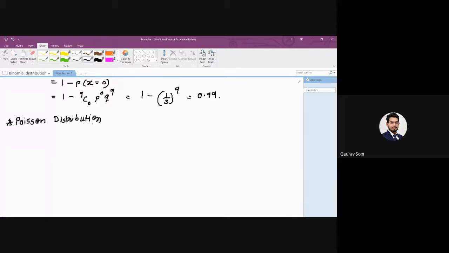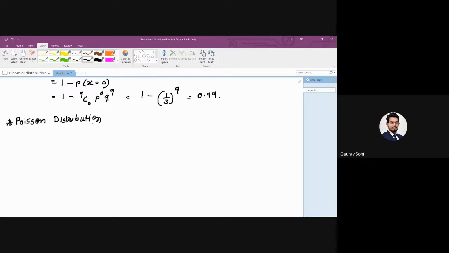But what makes this distribution different from the binomial distribution? Both of them are almost the same. Even in Poisson we have success and failure. But the major difference is the number of trials and the probability of success.